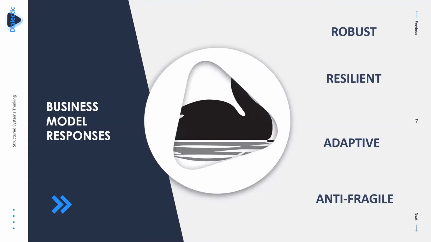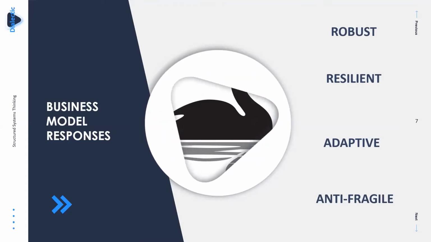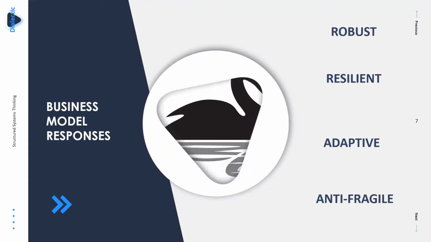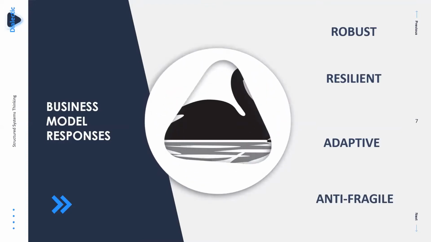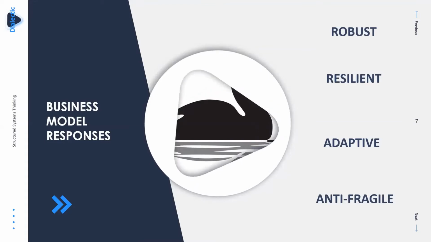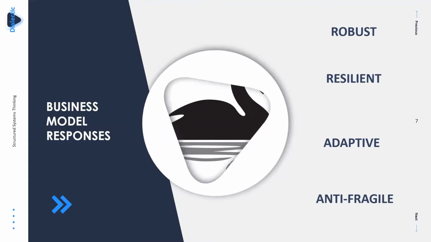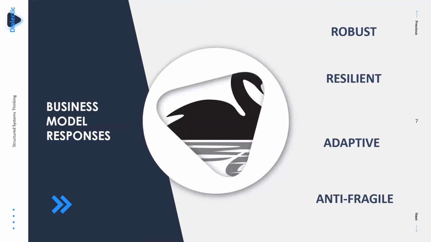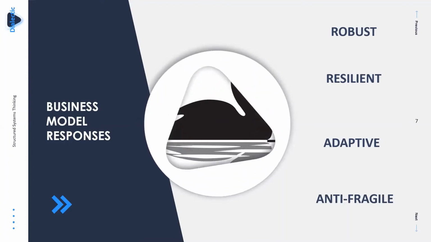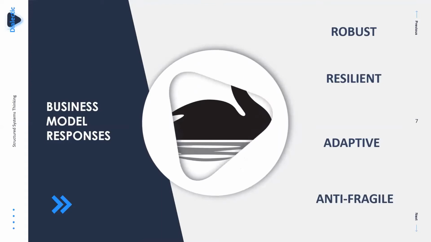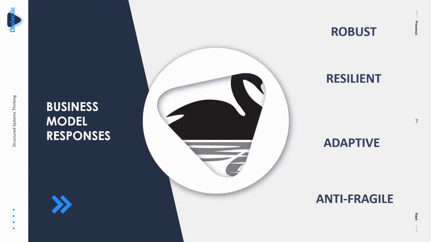A resilient model is designed to ride out the wave. So again, if we use the metaphor of the pond, the resilient model might be a slimmer model where the water is just designed to go over it, or maybe it's even beneath the surface. It's not trying to stop that turbulence with force. It's simply trying to ride it out in a smooth and efficient way that prevents it from breaking.